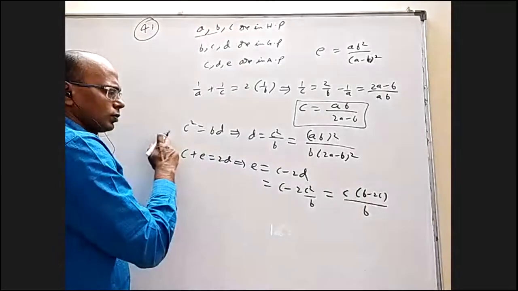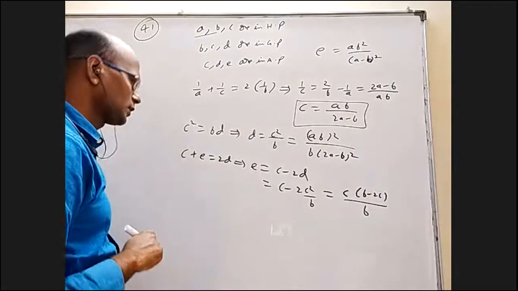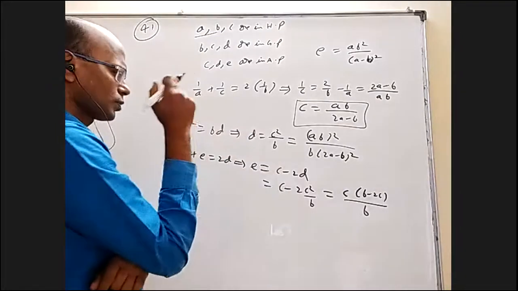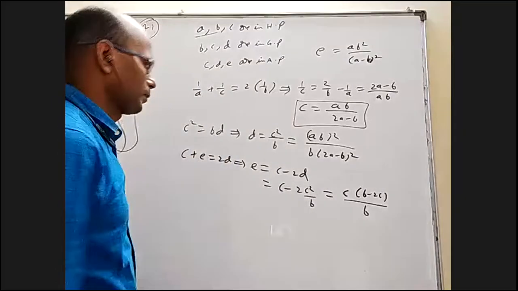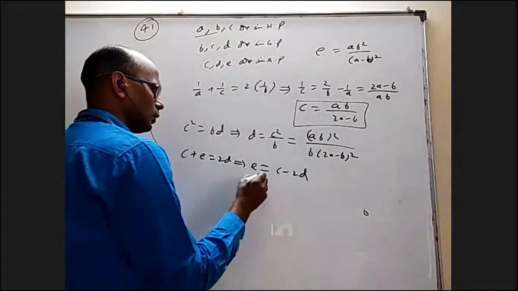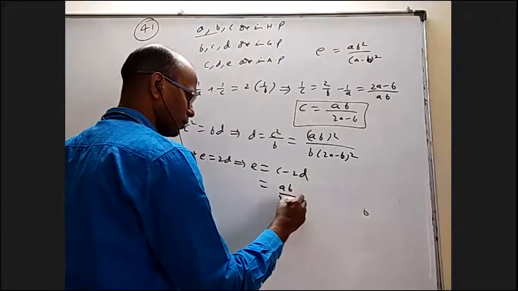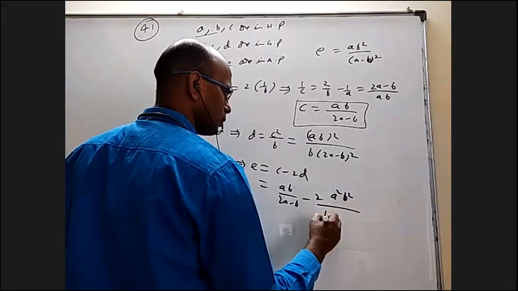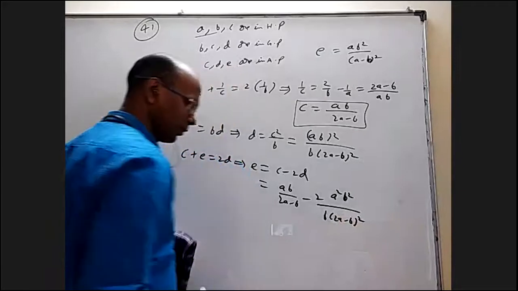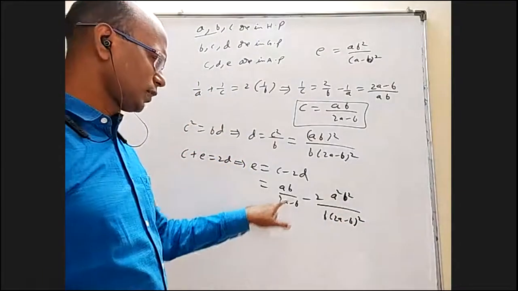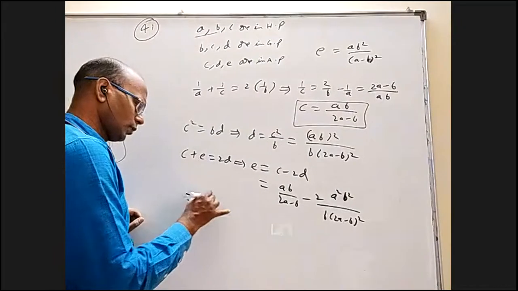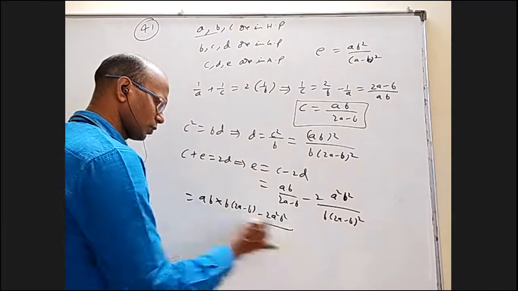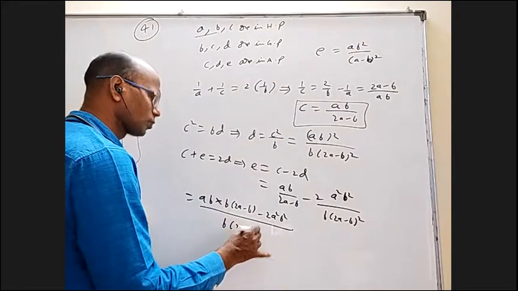So I don't have to find D in that case. There's no difference, both are same. What is C? AB by 2A minus B. D is A square B square by B into 2A minus B whole square. I have to multiply B and 2A minus B here. AB into B into 2A minus B minus 2A square B square by B into 2A minus B whole square.